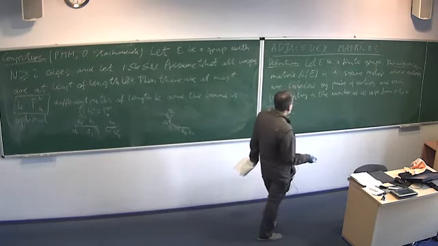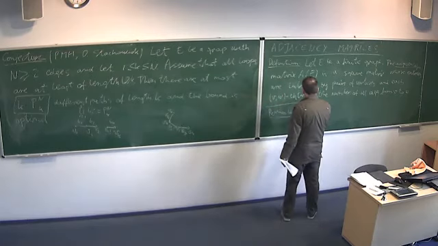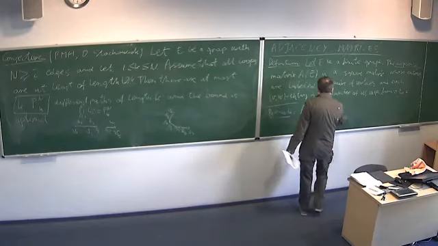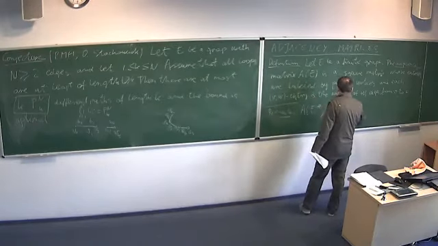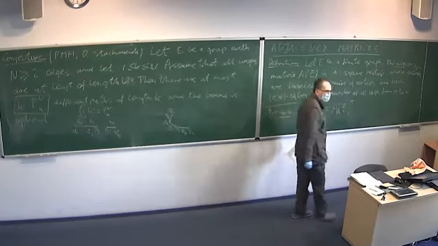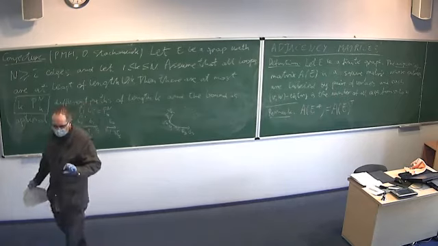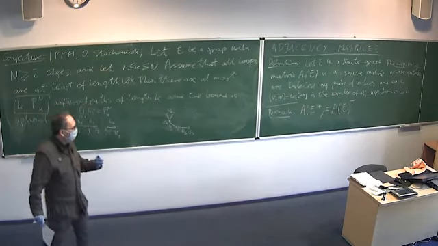If you take the opposite graph, then the adjacency matrix of the opposite graph is the same as the transpose of the adjacency matrix, okay? Because what is taking the transpose of a matrix? It's replacing rows with columns.